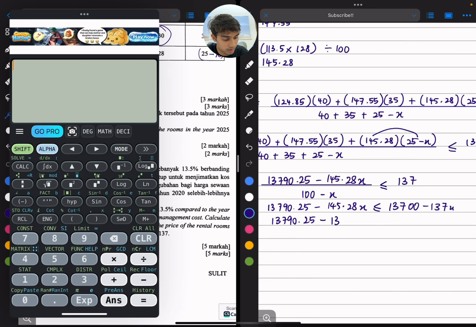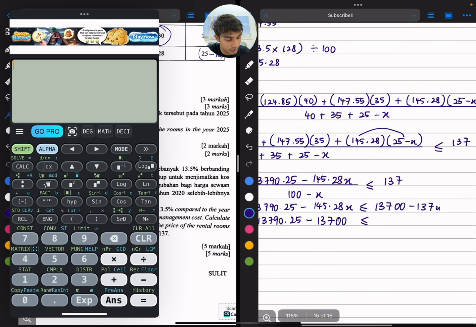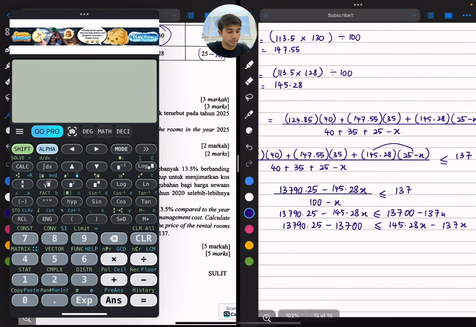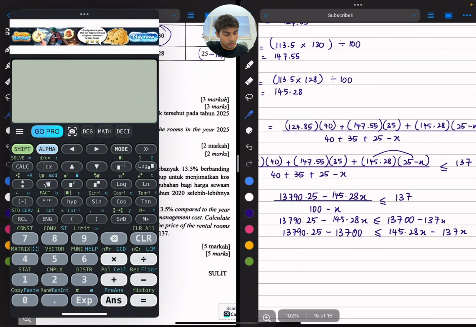So 13,790.25 minus 145.28x is less than or equal to 13,700 minus 137x. Then we can simplify: 90.25 is less than or equal to 8.28x.